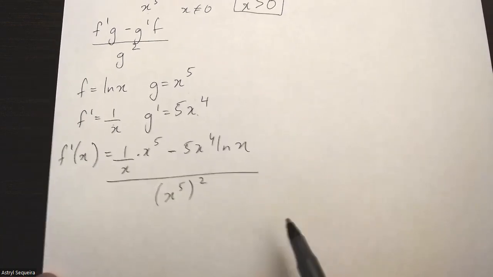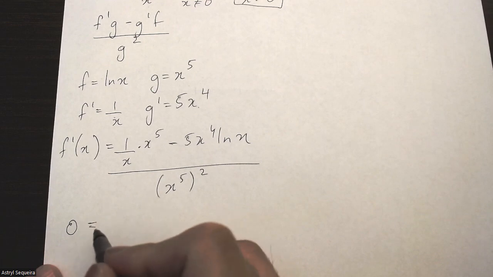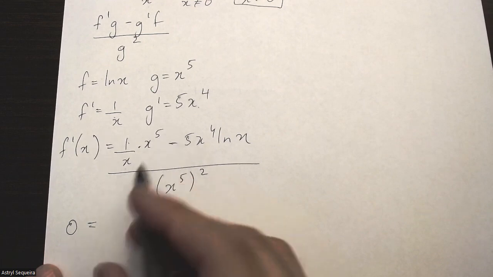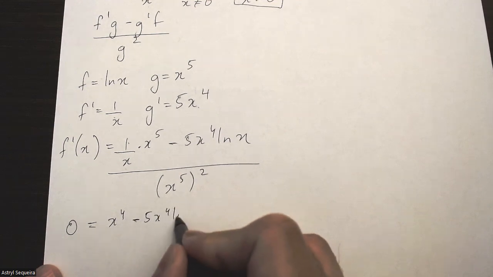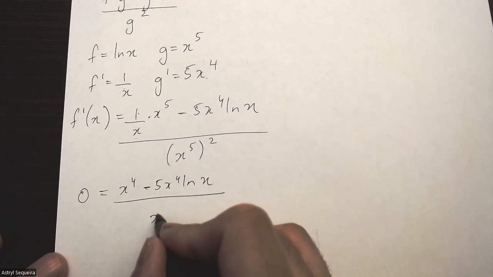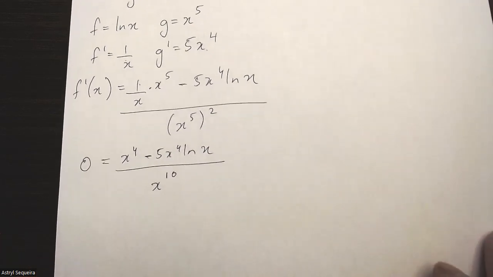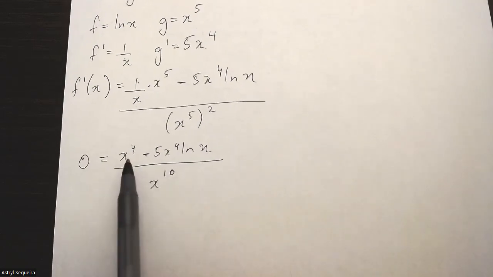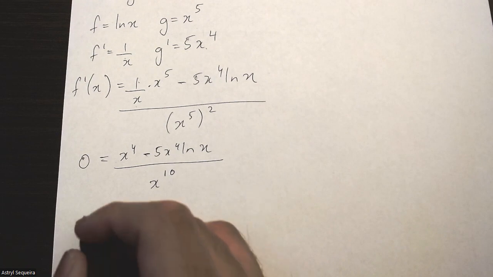Let's come back over here to this and keep solving for our critical points. So I'll make this 0. 1 over x times x5 is just x4 minus 5x4 ln x. And the denominator is just going to simplify to x to the power of 10. Now I can common factor out x to the power of 4 from the top.